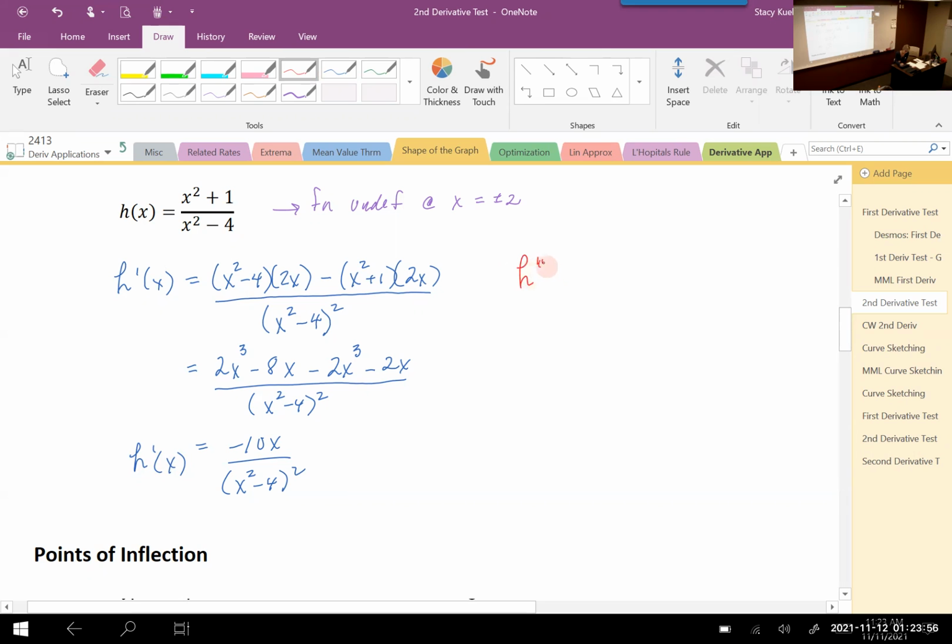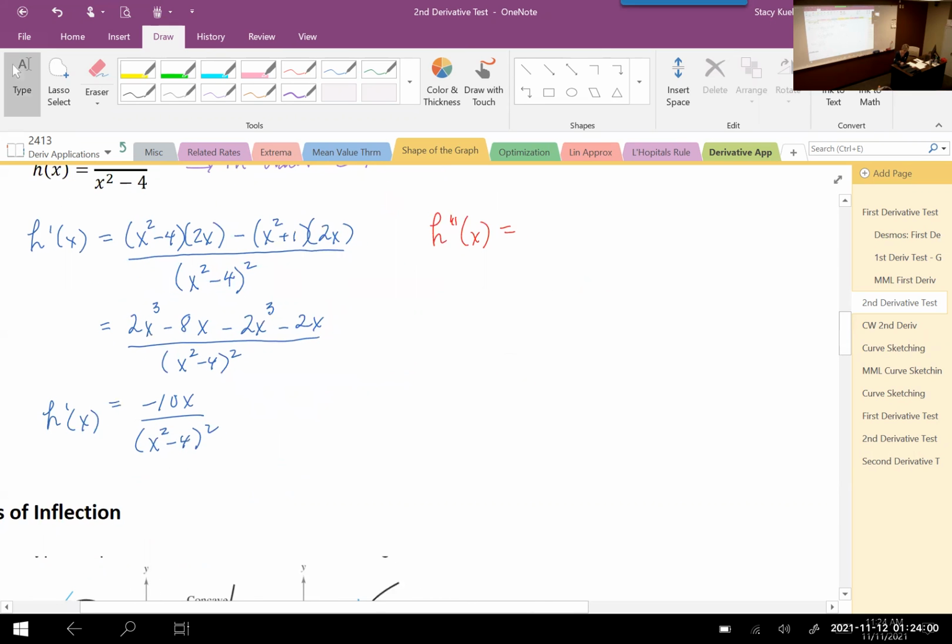h double prime, again, low-de high, high-de low. So we take low, which is going to be x squared minus 4 squared. That's the low. D high, the derivative of the numerator is going to be -10, correct? Minus high, -10x.